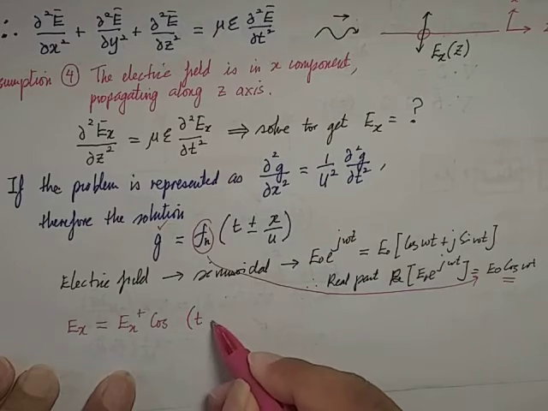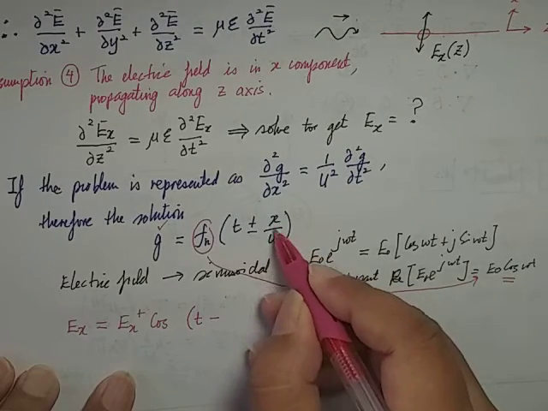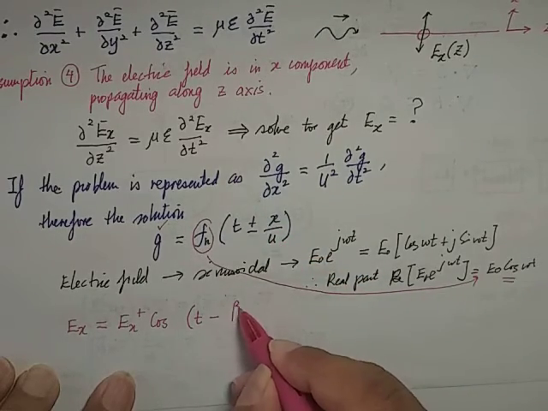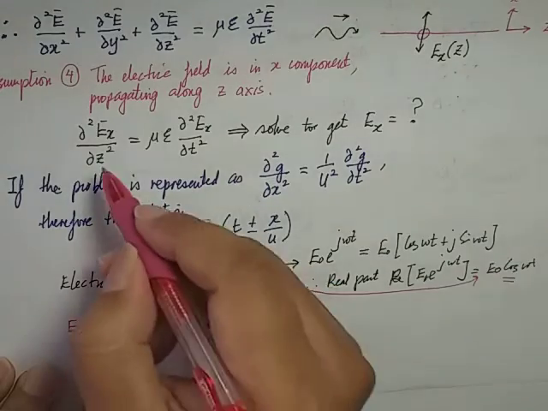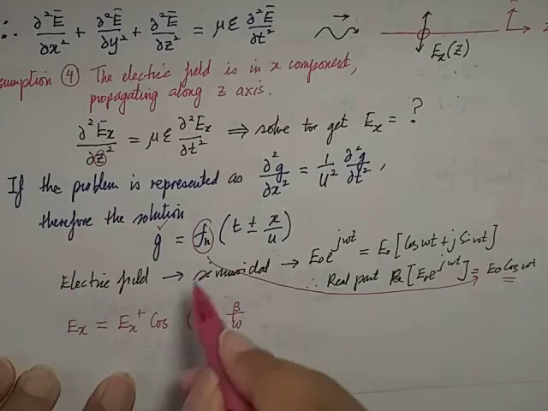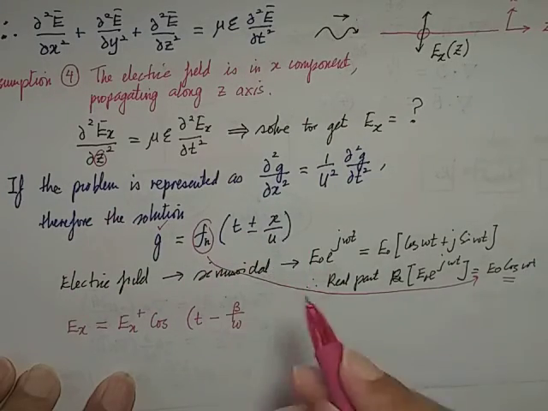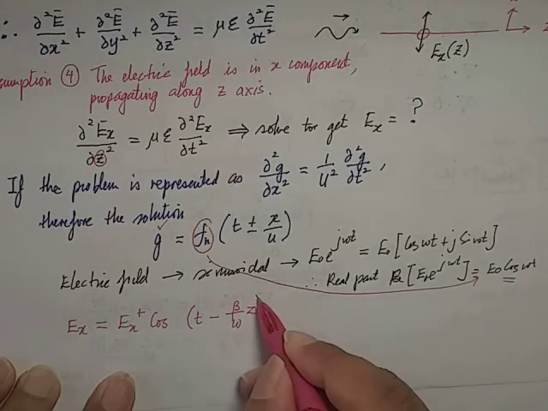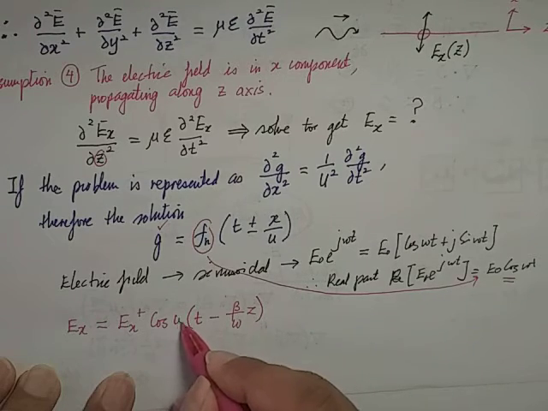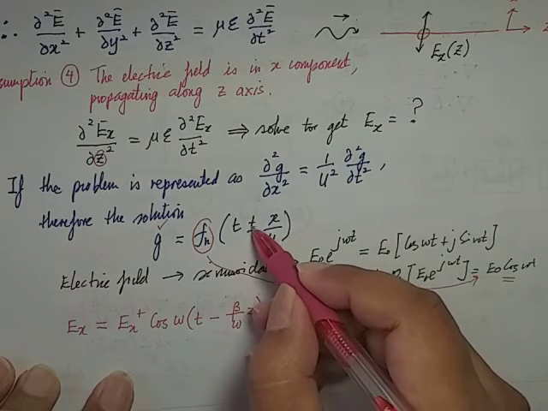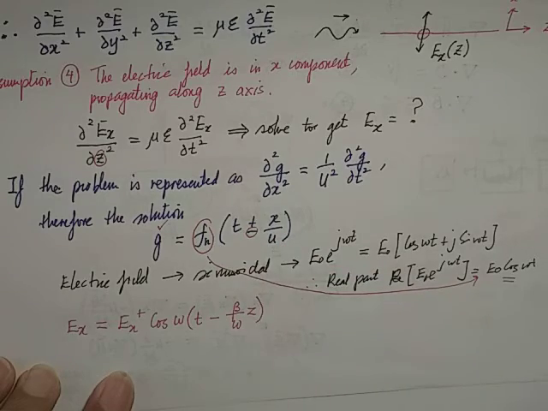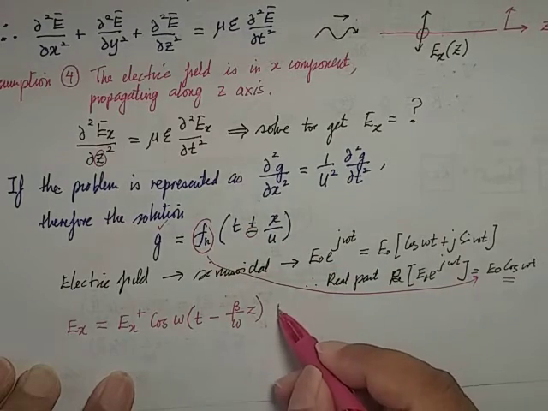T minus, and I'm going to replace this with a constant now, beta over omega, and then the directional propagation is what? You can see here x is now becoming z. That's good. So I'm going to put omega here. That is my solution for the first term, the negative term. I can see there's a positive term there, so I have to add it again.